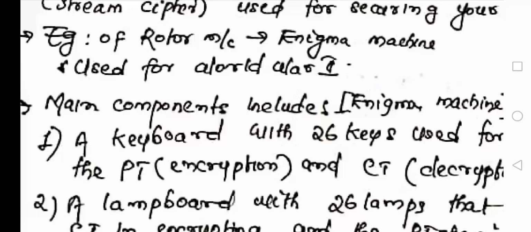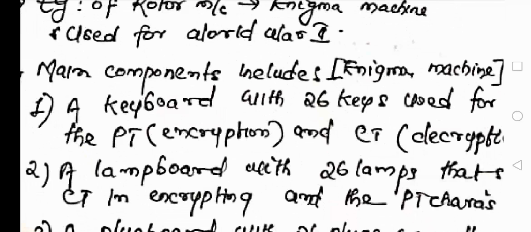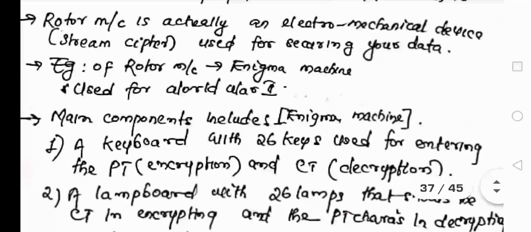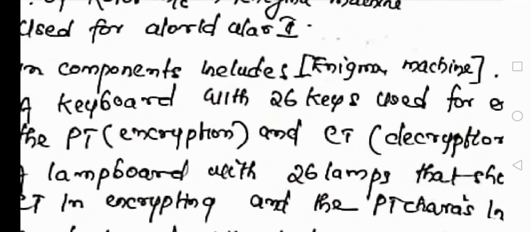First of all, there was a keyboard with 26 keys, which was used in order to enter the plain text in the case of encryption, and also in order to provide the ciphertext letters at the time of decryption. So the first basic component present in the Enigma machine was a keyboard which consists of 26 keys.